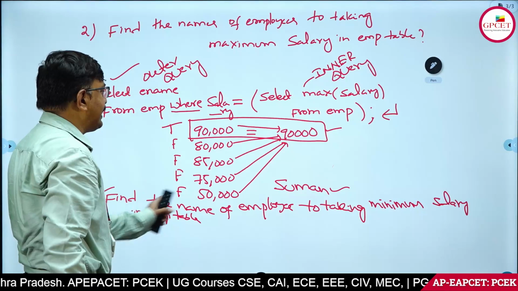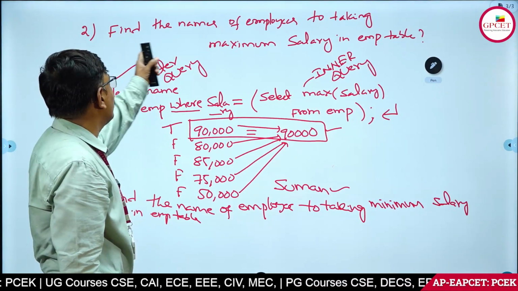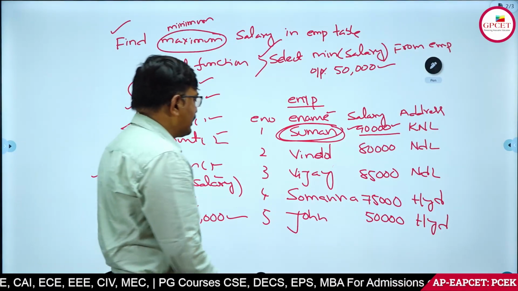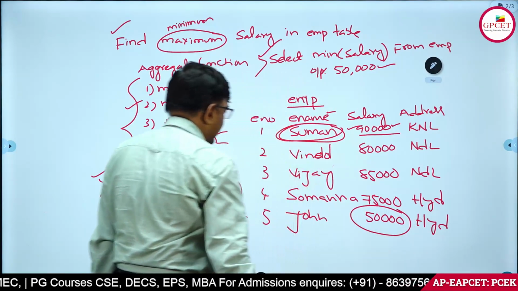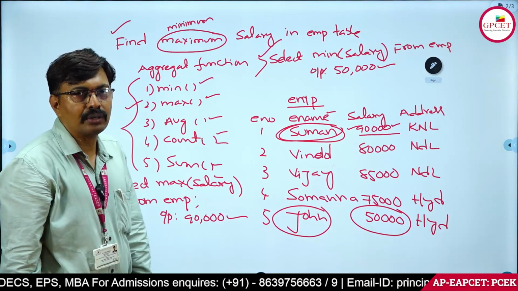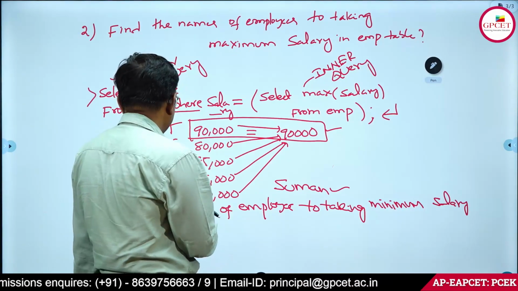What is the question? Find the name of the employee taking the minimum salary in the employee table. What is the second question? Before it was maximum salary, now what is the minimum salary? Observe here our table. What is the minimum salary in our employee table? 50,000 is the minimum salary. What is that name? That name is John. Output is John. But according to SQL, what is the SQL query?